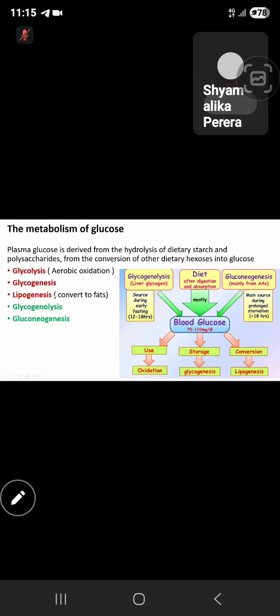Inside the cells there is glycolysis, a process where glucose is taken as a substrate to produce energy. Blood glucose is mainly used, as I told you, in glycolysis and oxidation, which generates the energy required in our body.